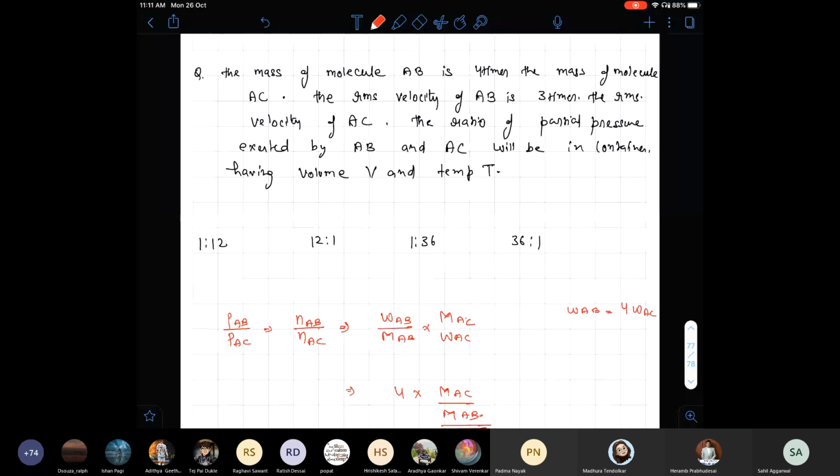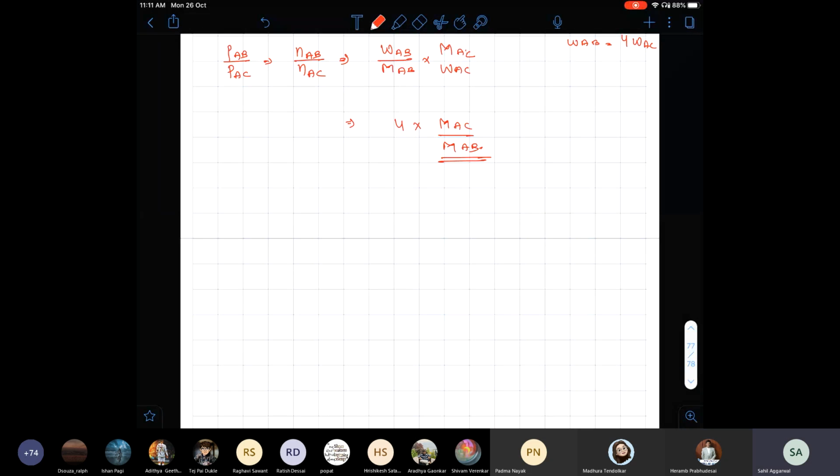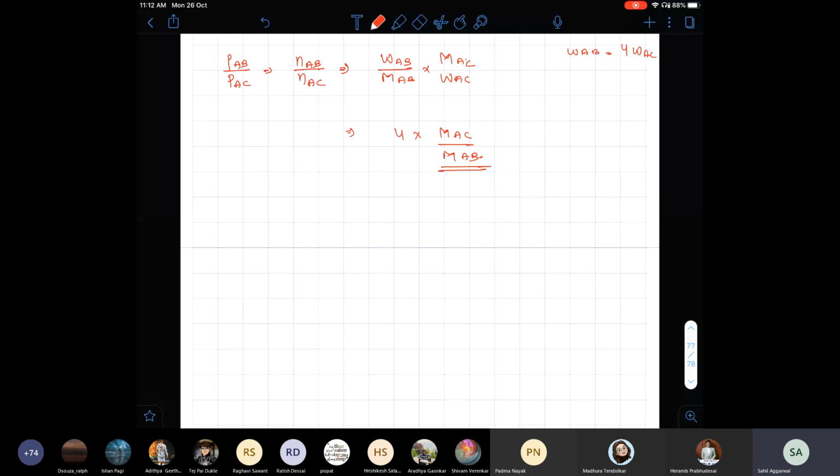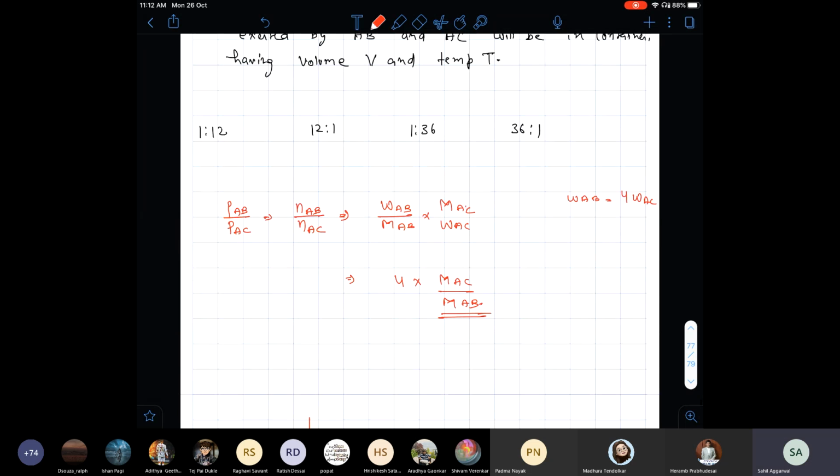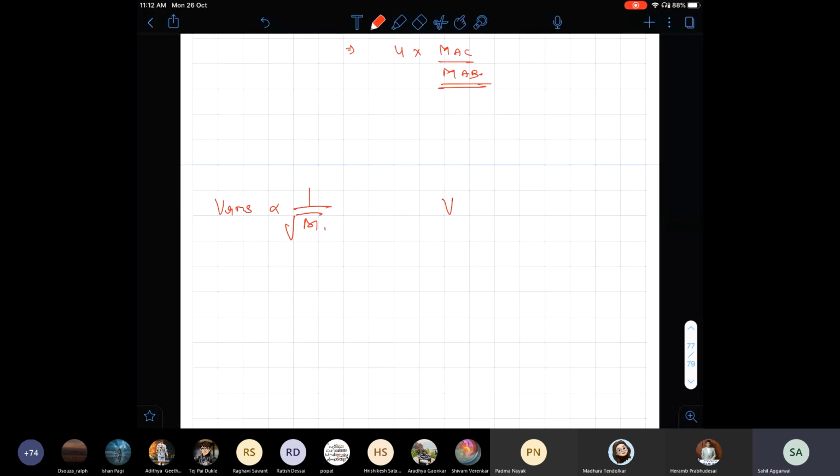Yes, sir. Okay. Now RMS velocity is inversely proportional to square root of mass. It is also directly proportional to temperature, but temperature is given same. Vrms of AB divided by Vrms of AC will be equal to root of mass of AC by mass of AB.